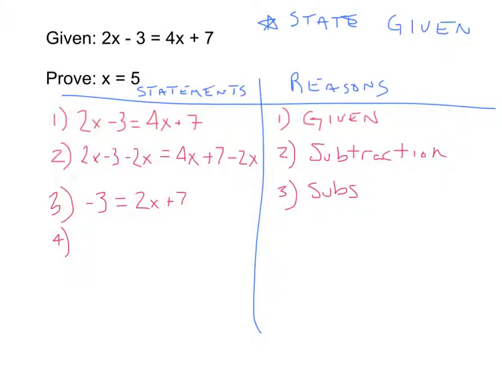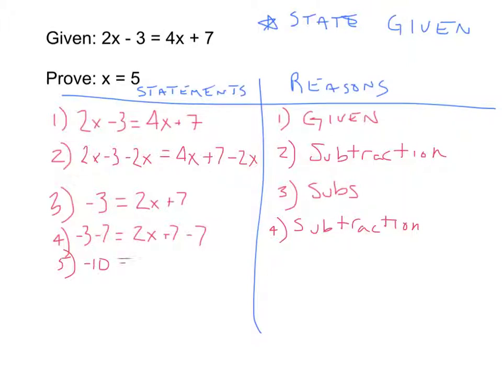Okay, step 4, we need to subtract 7. So we need to show that we're going to subtract 7. So subtracting 7 from both sides, showing that is also subtraction. And just like before, following subtraction is the substitution, so we're going to simplify.